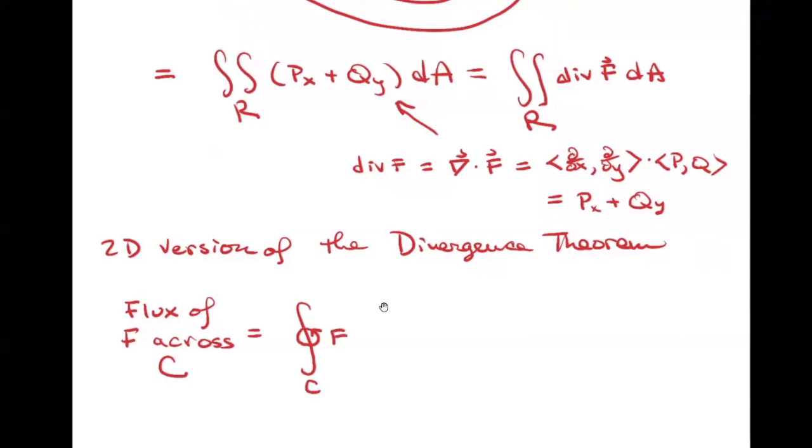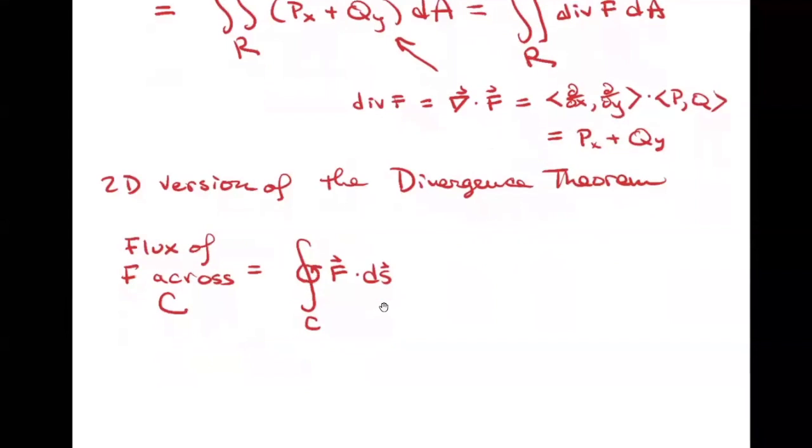Field dotted with ds, the vector, like that. Okay. Is equal to a double integral of the divergence of the field dA over the region inside.